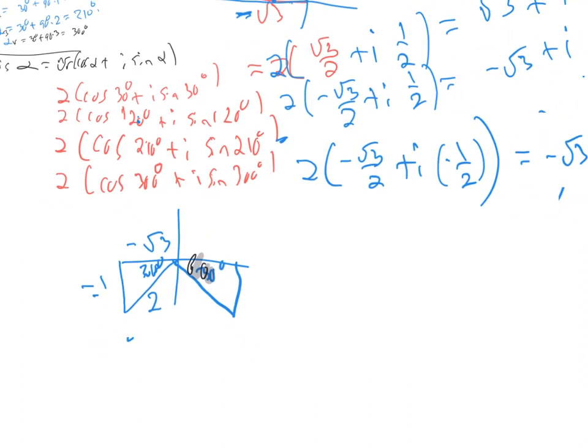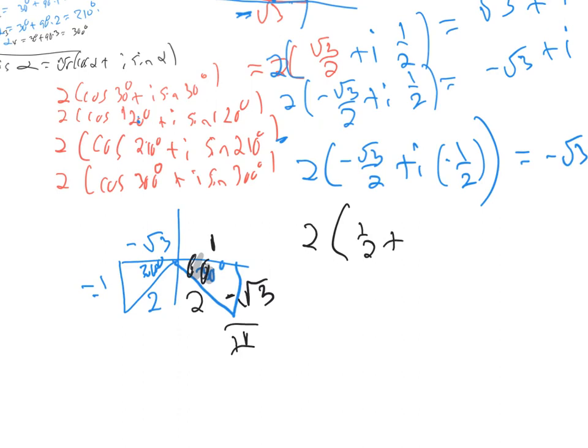So now my triangle changes, because no longer is this a 1 now. 1 would be here, and this would be my 2, and this would be my square root of 3 being negative here. So that turns into 2 cosine of this angle, 60, in quadrant 4 would be 1/2.